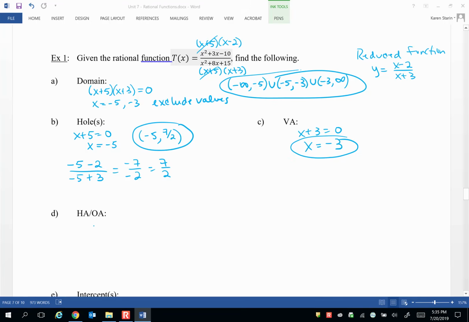I'm going to compare the leading coefficients, 1 over 1, that ratio, because remember, when we don't write it, there's a 1 in front of the x here and a 1 in front of the x here. So I have y equals 1. So I have a horizontal asymptote of y equals 1.